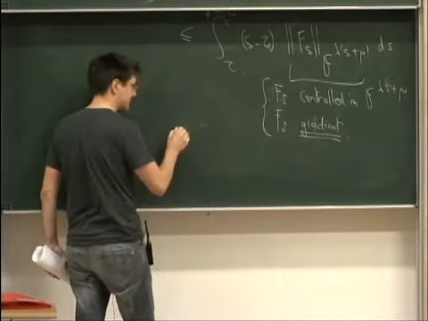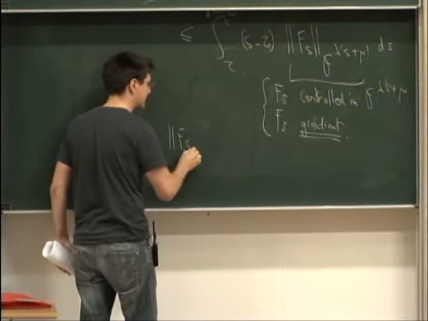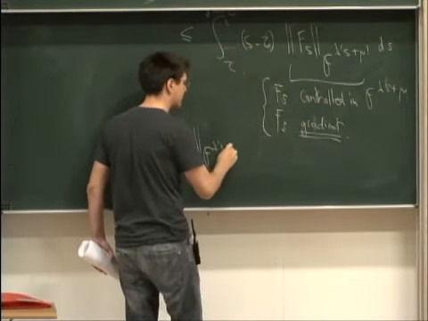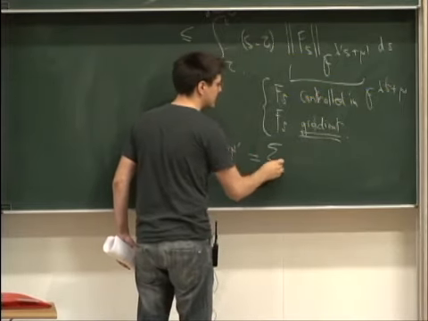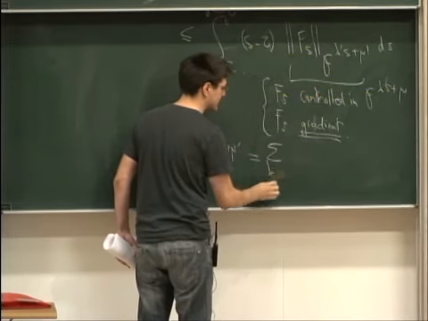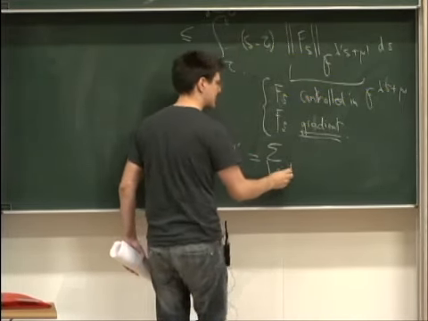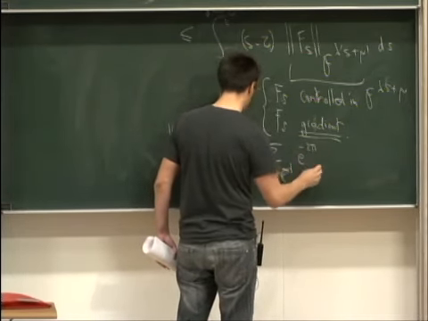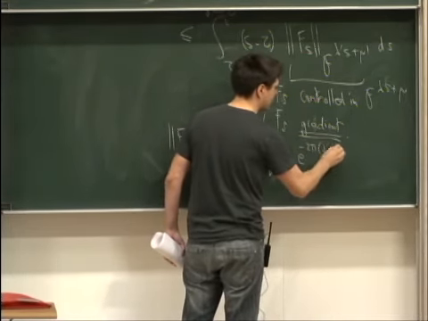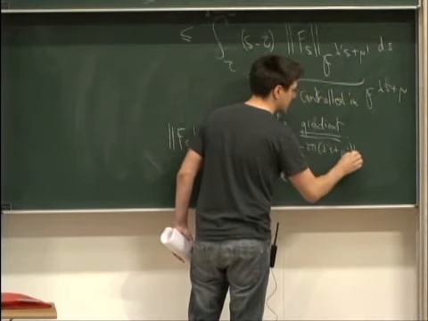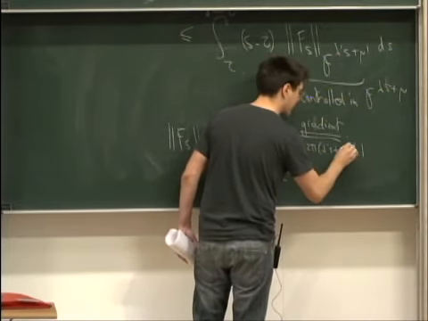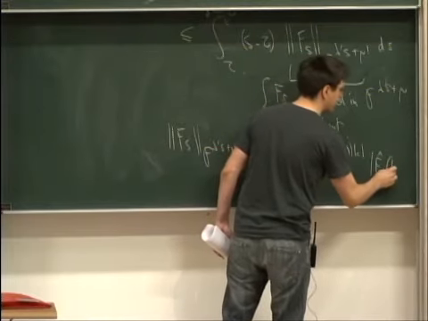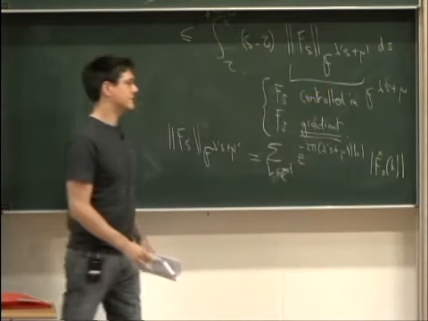Remember that F, by definition, F_s estimated in big F space of lambda prime s plus mu prime means the sum over all frequencies of exponential minus 2 pi lambda prime s plus mu prime modulus of k, and then the k mode of F_s.